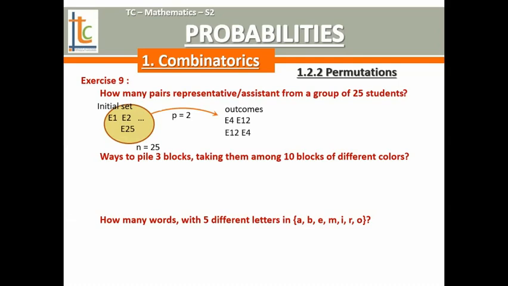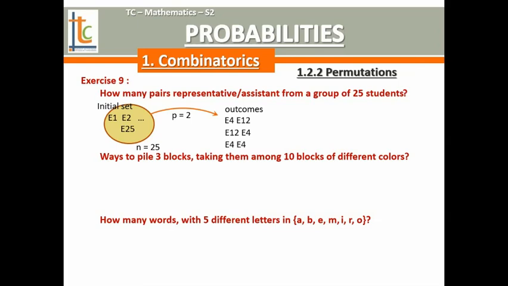Is this choice a different choice? In fact, yes, because one is elected to be a representative and the other to be an assistant. So if you make the choice 4-12, it's not the same as the choice 12-4. You have to take the order into account.